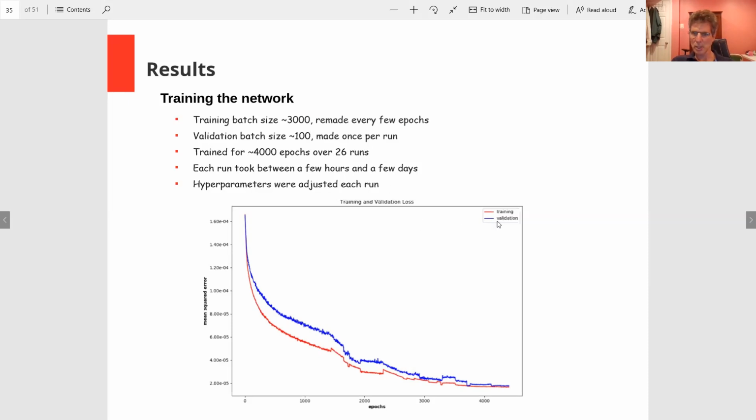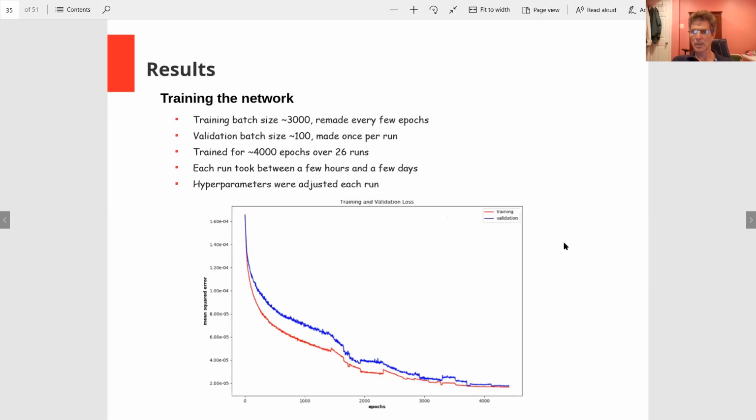Okay, so what this is showing is the loss function for the training in red and the validation in blue. And this is a good result because it is showing that as the network is training, the loss for the validation set is decreasing in tandem with it.